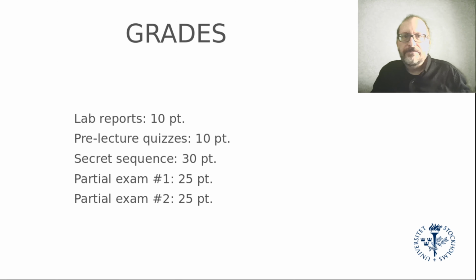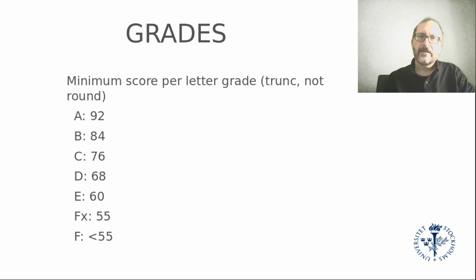So grades: your lab reports are worth 10 points or 10%. The pre-lecture quizzes, or I should say discussion quizzes, collectively are worth 10%. The secret sequence is 30%, and each of the partial exams is 25%. And here are the cutoffs, and this is trunc, not round.